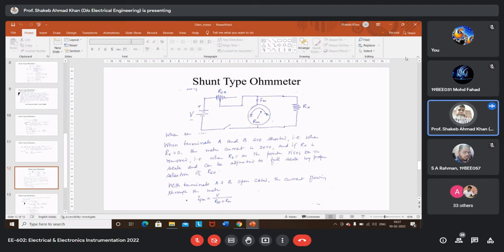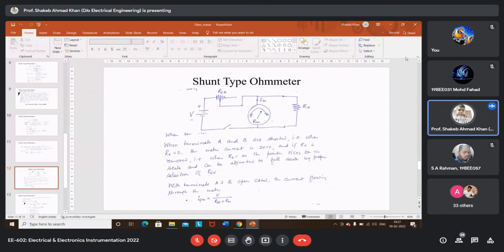So today I'm starting with the challenges in accurate measurement of small resistance. If we use the methods which we have used for measurement of medium resistance, they won't fetch accurate results, although they were giving us accurate results for medium resistance.